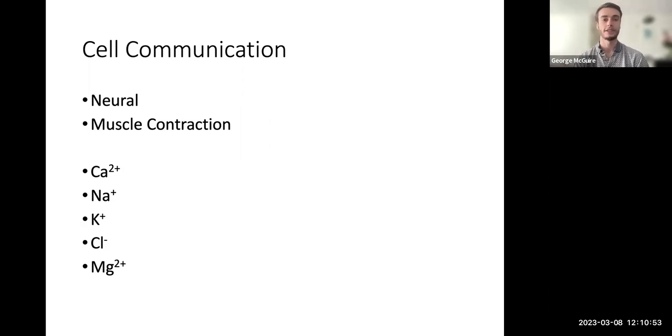And so these major minerals, calcium, sodium, potassium, chlorine, and manganese, play a big role in those cell communication pathways. Okay, so calcium for most of our neural cells, sodium and potassium for the majority of your other cells, play a big role in that cell communication.